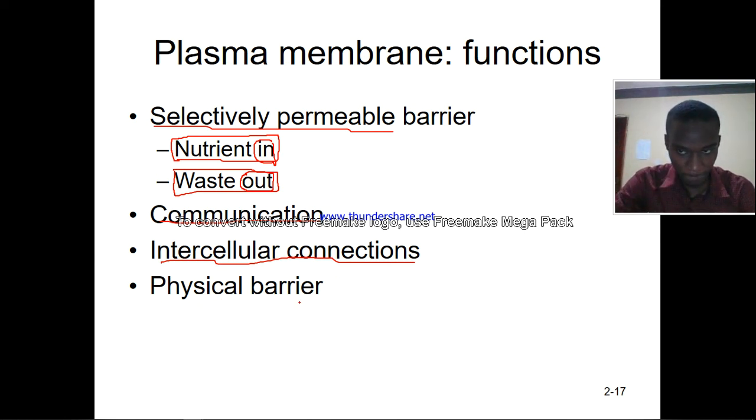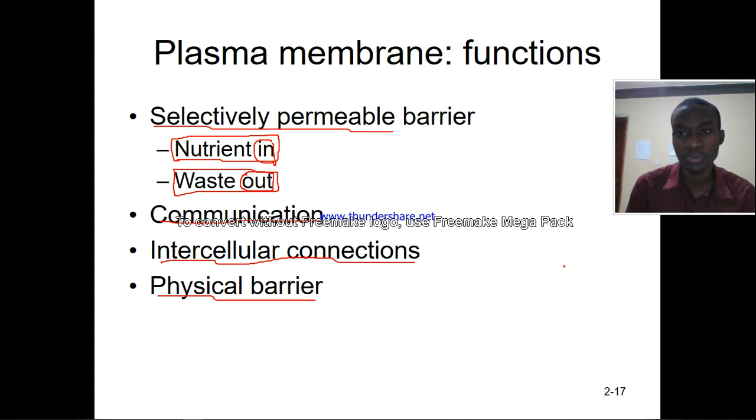The physical barrier, a function of the cell membrane, we already saw, is in its nature as a selectively permeable membrane. In such a way it is functioning as a barrier, but even if it is not functioning as a selectively permeable layer, it can be just a barrier. For example, certain cell membranes of particular tissue types are designated to protect particular intracellular components.